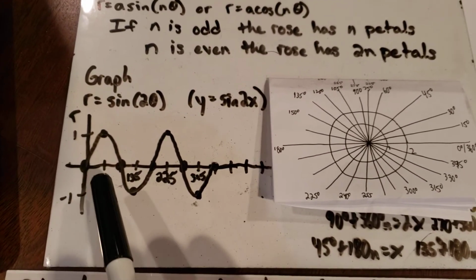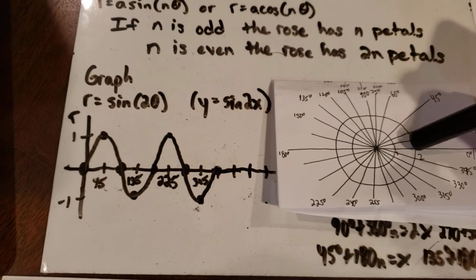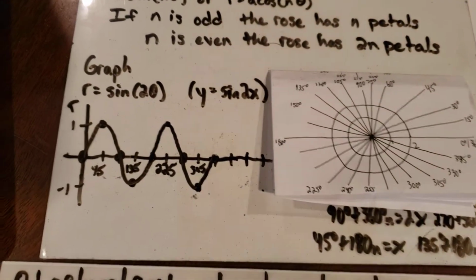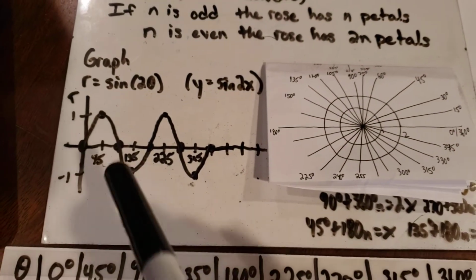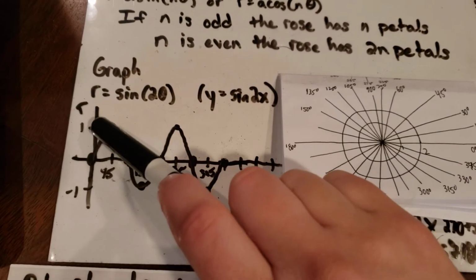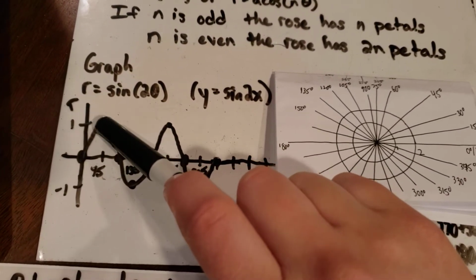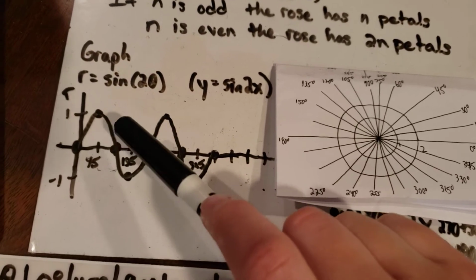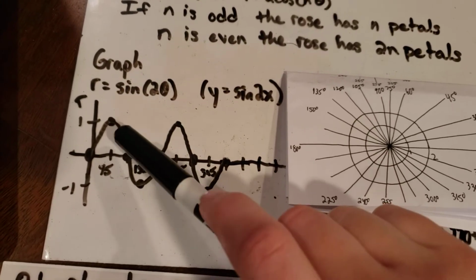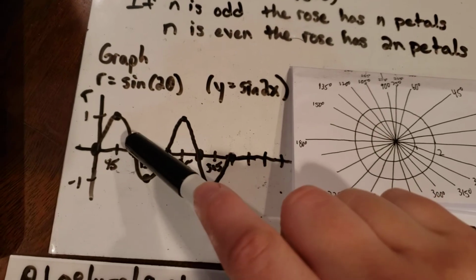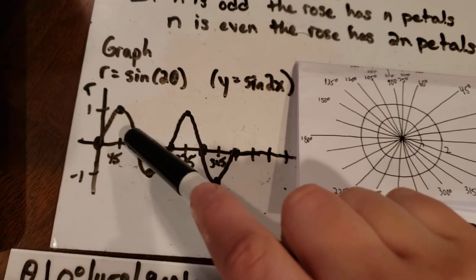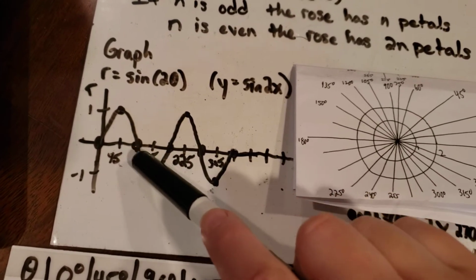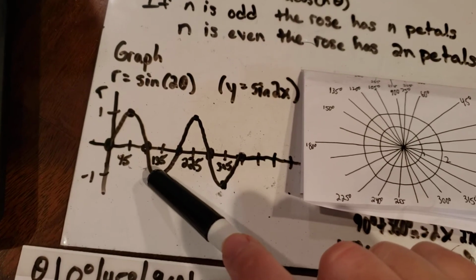Then, as theta goes to 45 degrees, r is growing to 1. And then from 45 to 90, r is going back down to 0, a radius of 0. Then at 90 degrees to 135 degrees, r is negative and then hits r is negative 1.